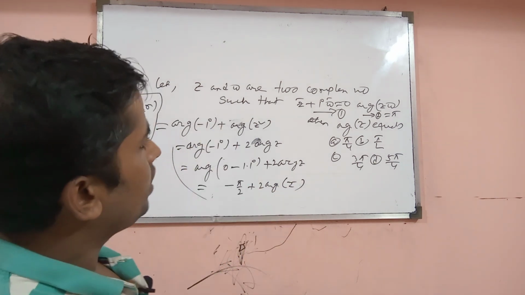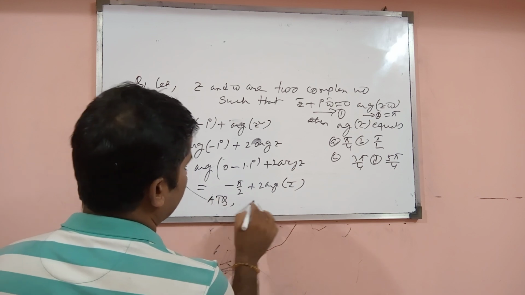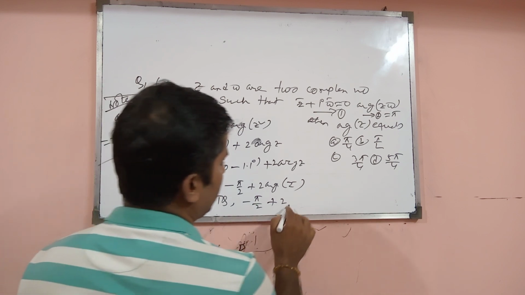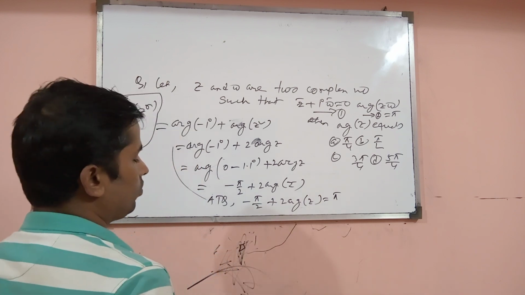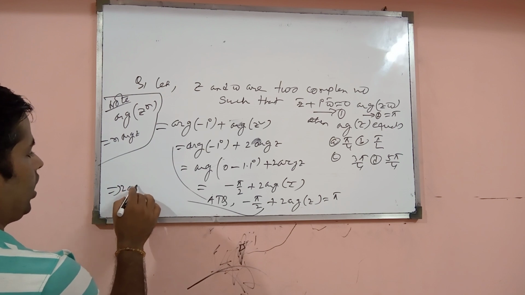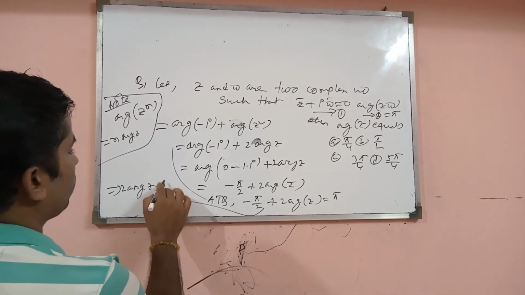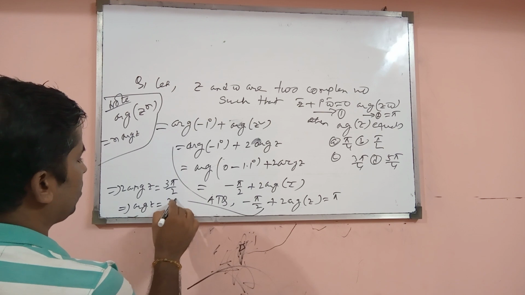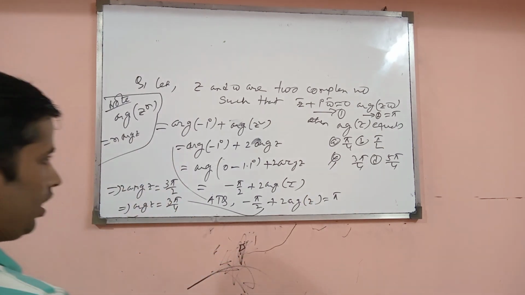As it is pi, according to the question we may write minus pi by 2 plus 2 argument of z is equal to pi. So 2 argument of z is equal to 3 pi by 2, so argument of z is equal to 3 pi by 4. Okay, so the appropriate answer would be option C.